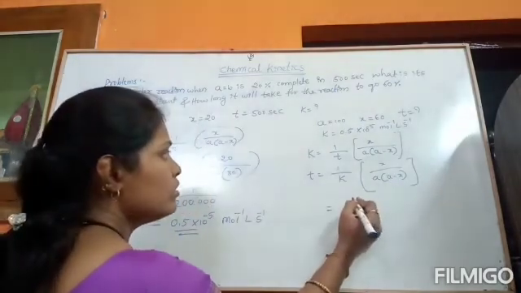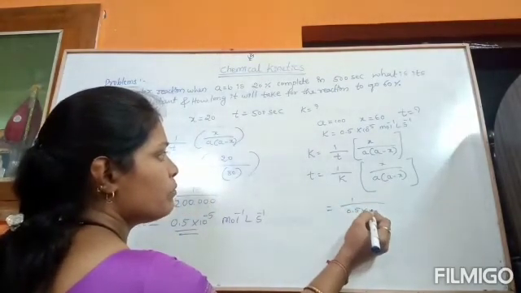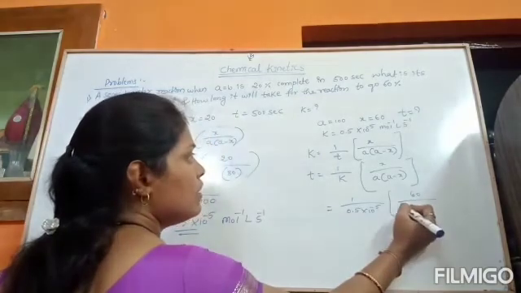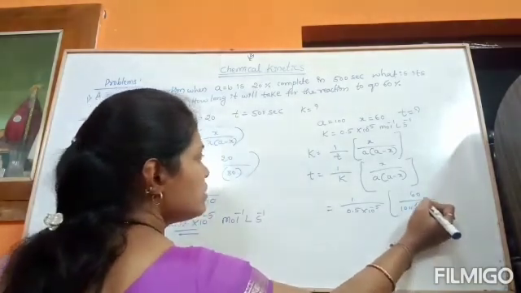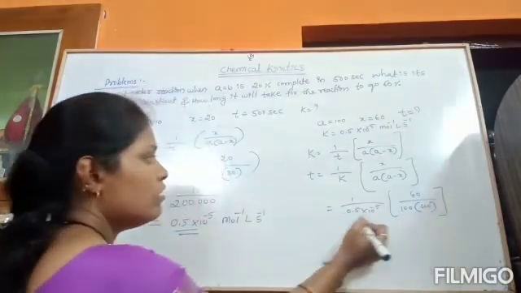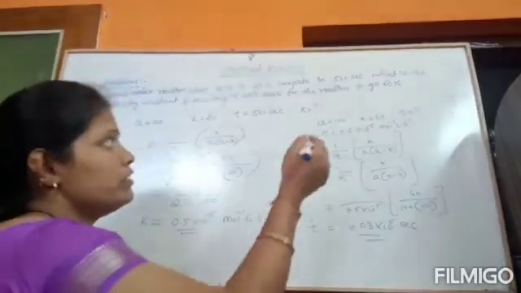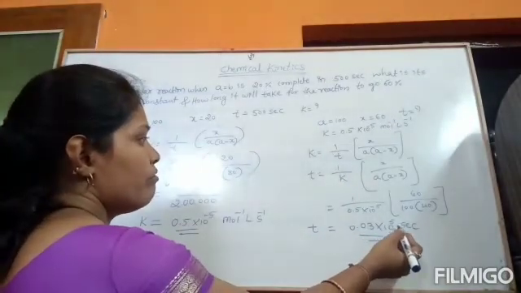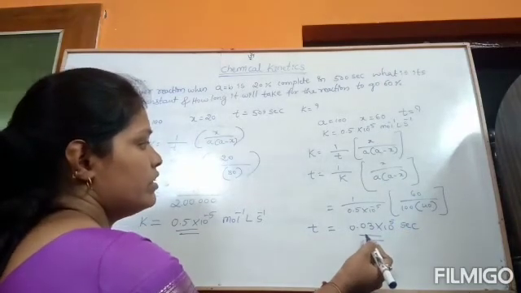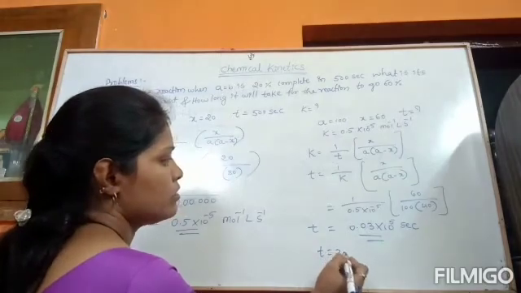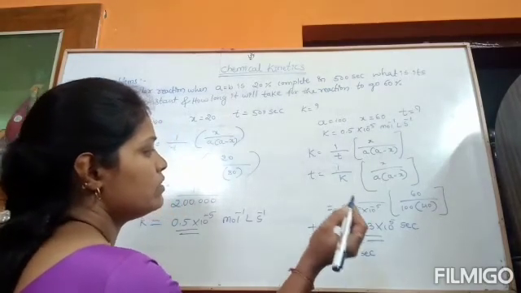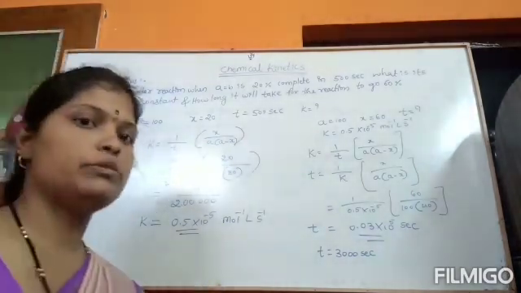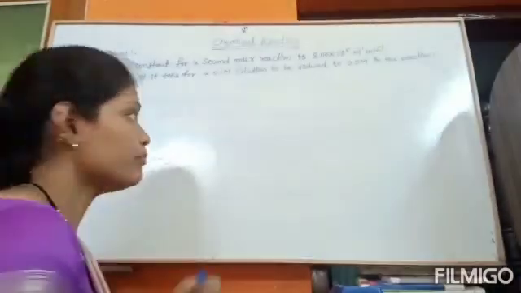Then put the values: 0.5 into 10 to the power minus 5, x is 60 and a is 100. Then 100 minus 60 is 40. On multiplying, to complete 60% reaction the time will be 0.03 into 10 to the power 5 seconds. After converting this, we will get 3000 seconds to complete 60%. This is about this problem. Again, we'll go to the next problem.